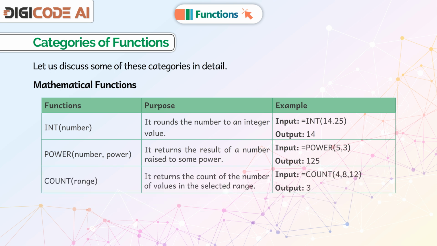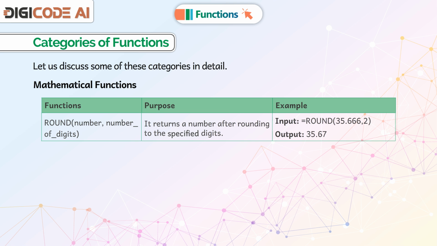COUNT(range). It returns the count of the numbers or values in the selected range. Input: COUNT(4, 8, 12). Output: 3. ROUND(number, num_digits). It returns a number after rounding to the specified digits.